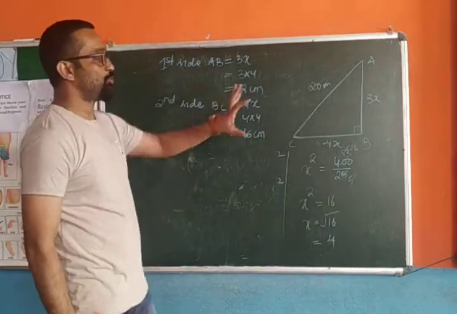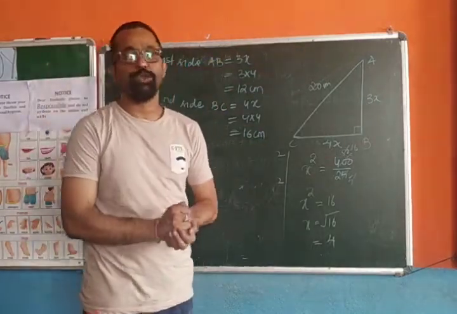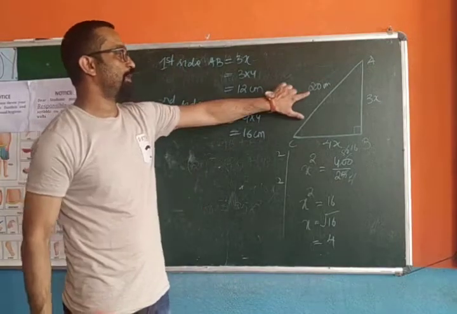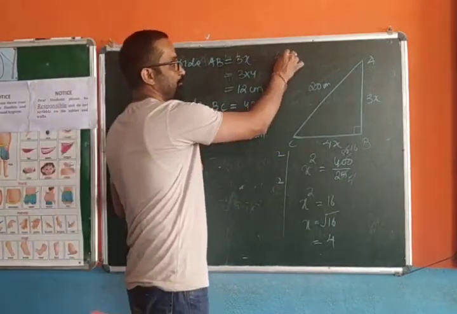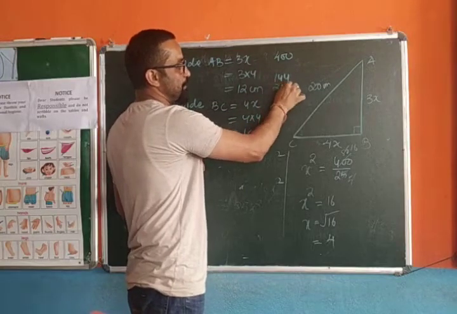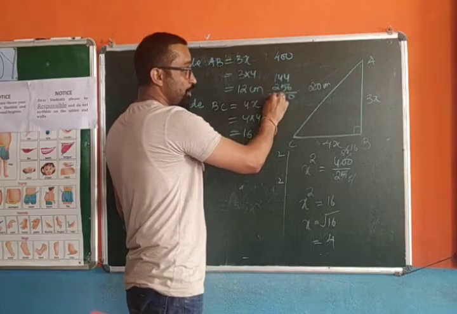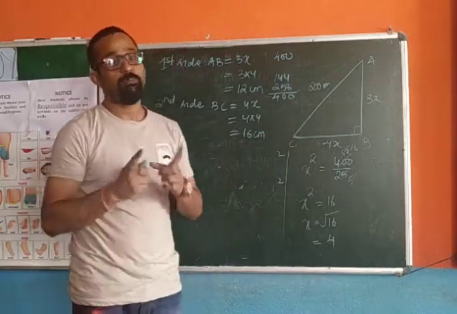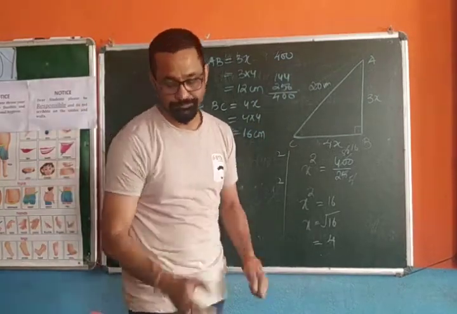And these values are Pythagorean triples. 20 squared is 400, 12 squared is 144, plus 16 squared is 256, added up it should give you 400. Pythagorean triple.